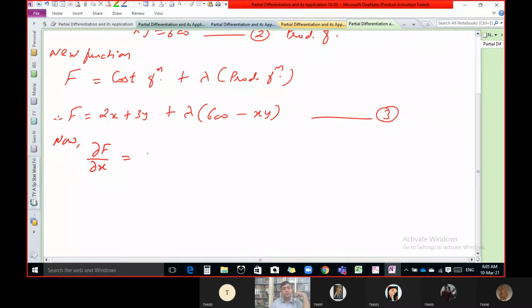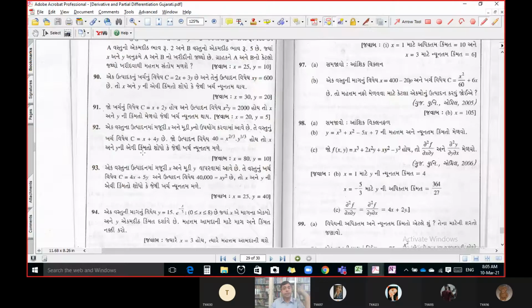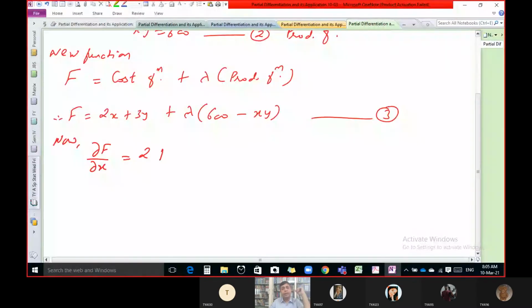Derivative of 2x with respect to x is 2, plus the derivative of 3y, which is 0. Plus lambda is a constant. Derivative of 600 is 0.